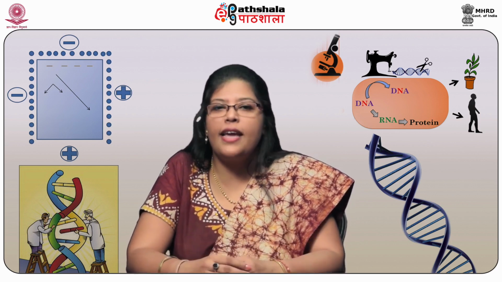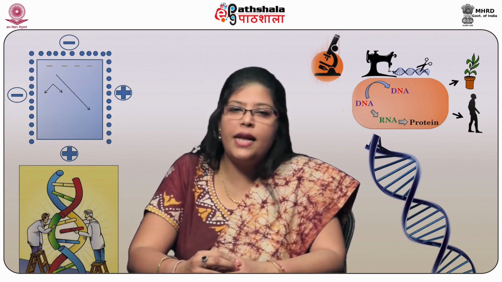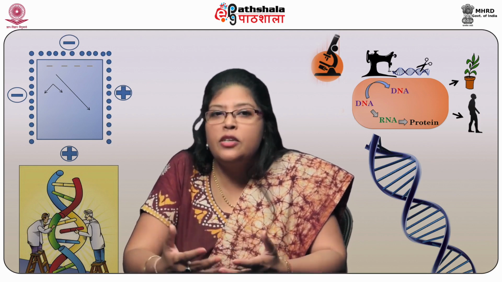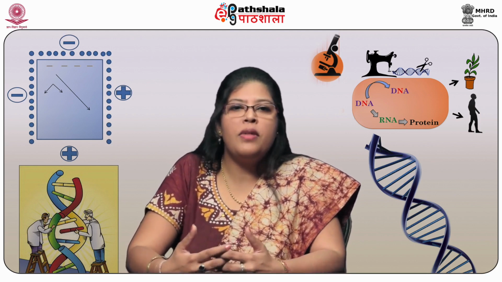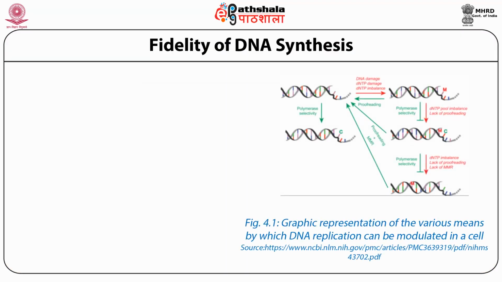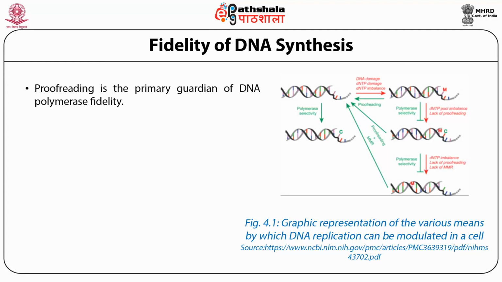Had this not been the case, we would have been experiencing random mutations every now and then, which would eventually accumulate to form a lethal condition. Accuracy of DNA synthesis in eukaryotes is mainly maintained by the proofreading activity, which is an inherent property of the DNA polymerases and a few other enzymes involved in DNA replication.